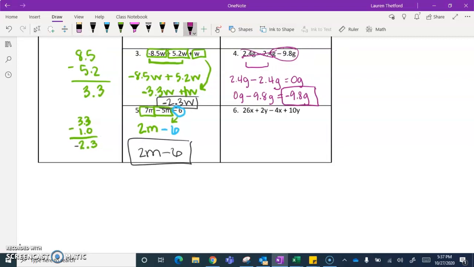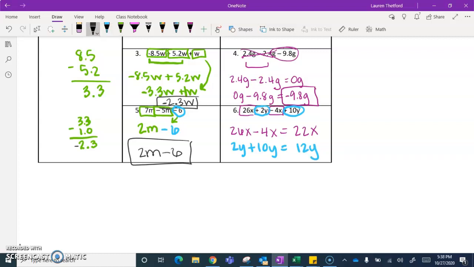All right, last one. Box and circle. These have y's. First, we have 26x minus 4x. 26 minus 4 is 22x. Then I'm going to do 2y plus 10y. 2 plus 10 is 12, and we keep our y.